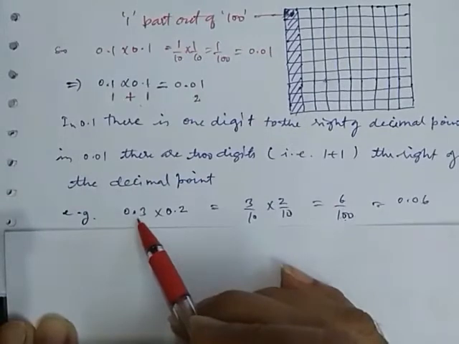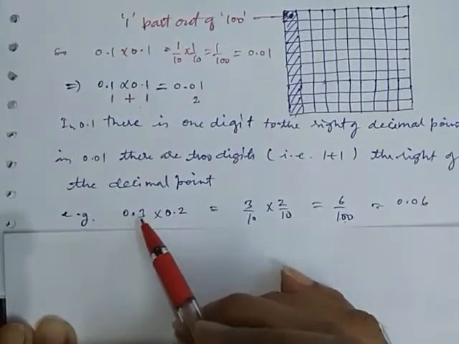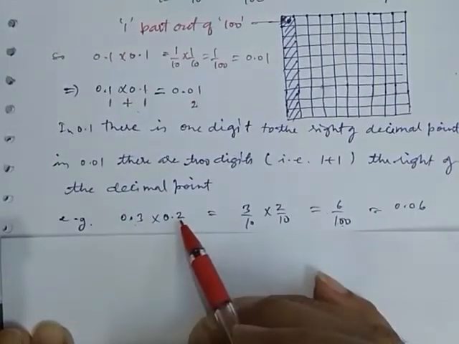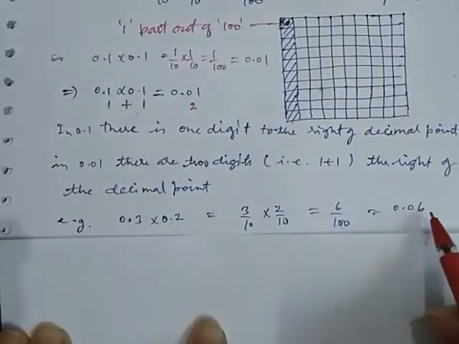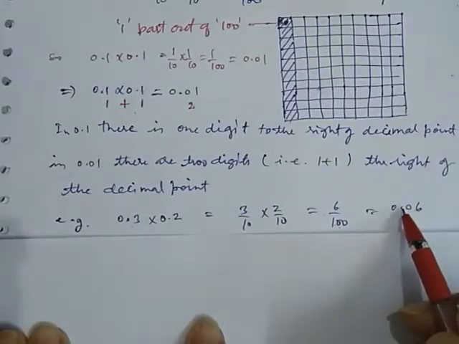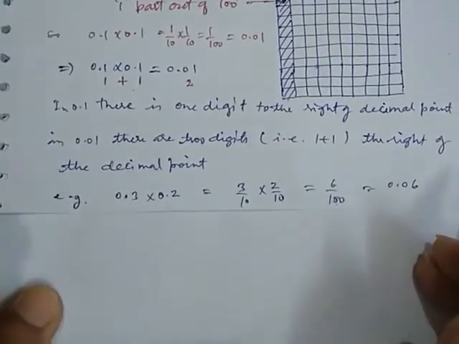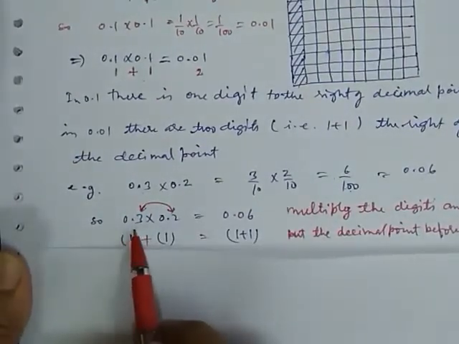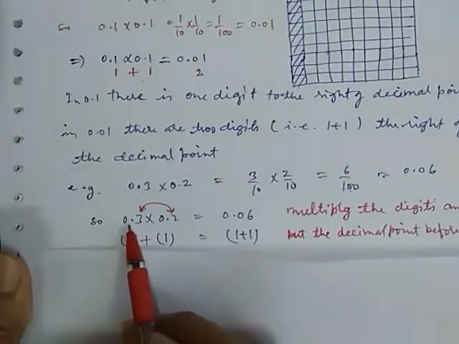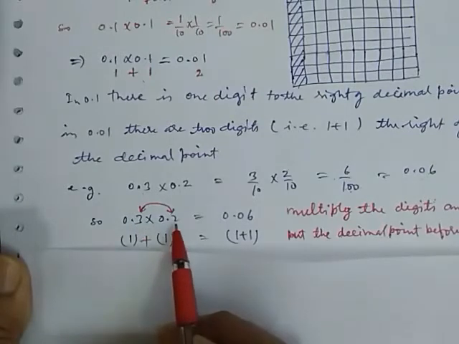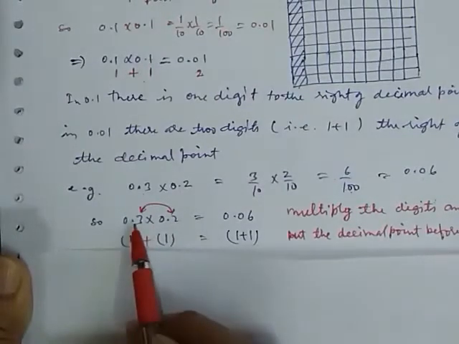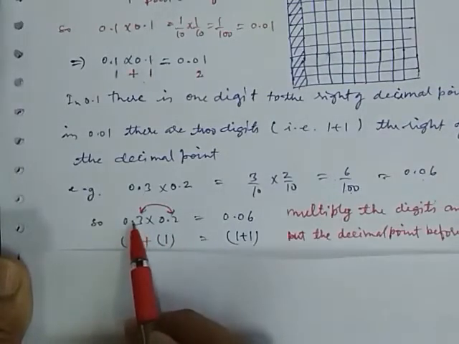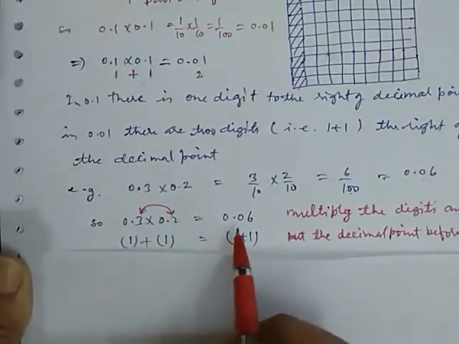We just count how many digits are here after the decimal. Here 1 digit, here also 1 digit, so total 2 digits there, so we put the decimal before 2 digits. This way we can directly write down the numbers as we learned here. 0.3 into 0.2 means both of them contain 1 digit each after the decimal.